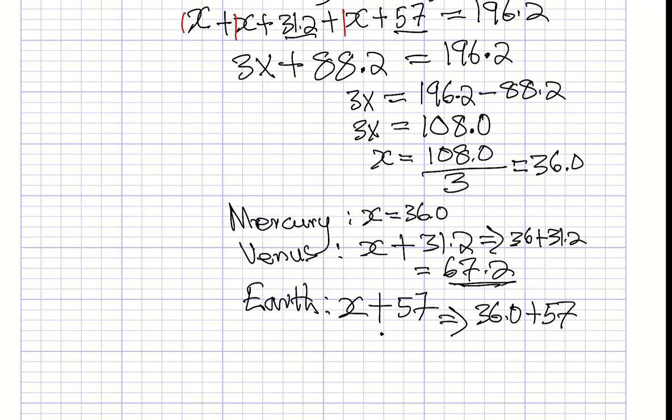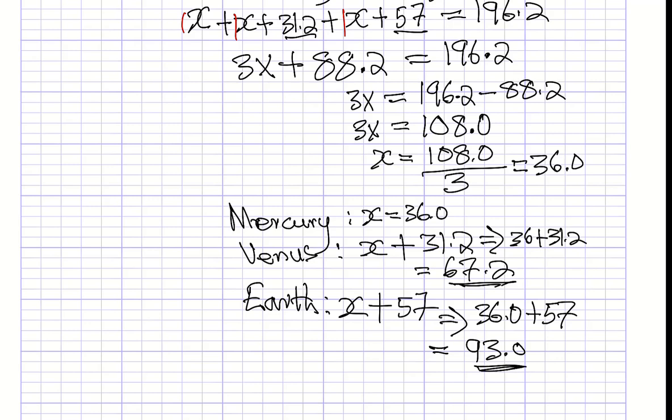I'm blanking out. So that's equal to, you add that, that's 93, I believe. Yeah, that's 93. Like I said, you should put 93.0, but it's okay. So this is the distance of Earth from the Sun, 93.